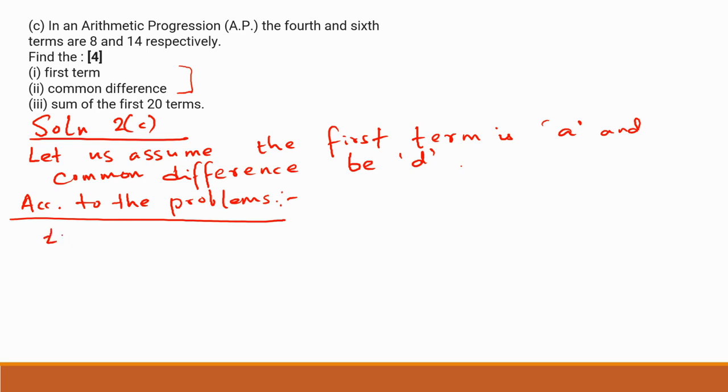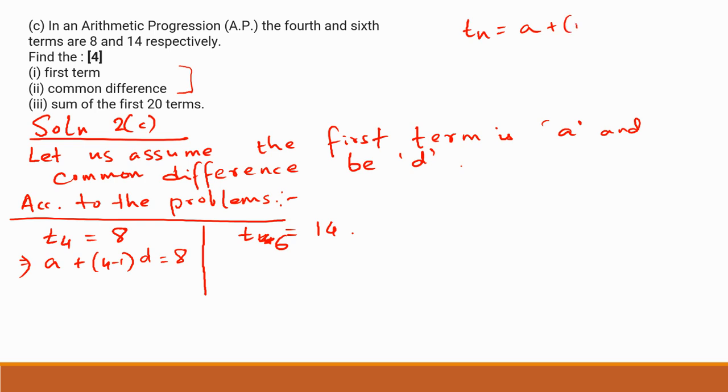So T4 they gave as 8, and sorry, the sixth term they gave as 14. Okay, so what is the fourth term? You get a plus 4 minus 1 into d equals 8, right? You all know it, I guess. Tn you can find as a plus n minus 1 into d.